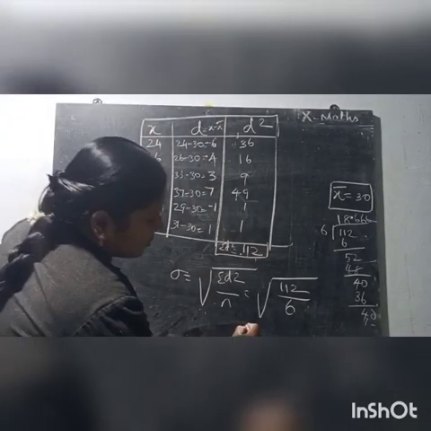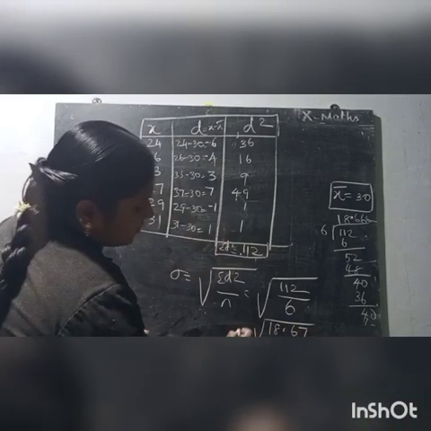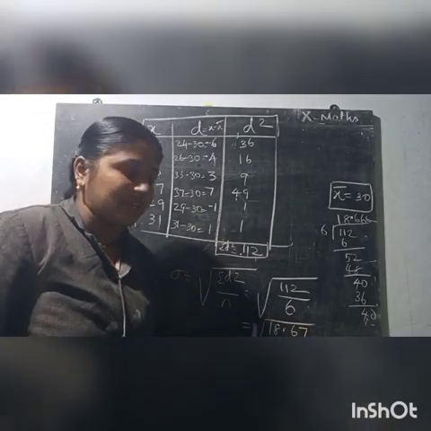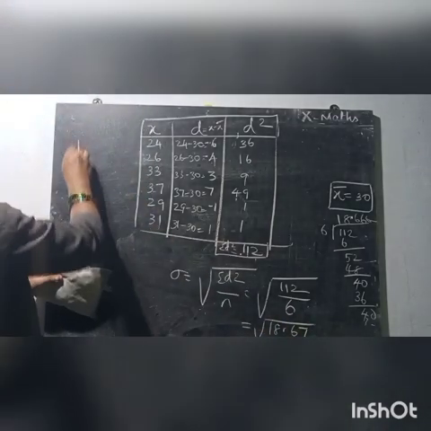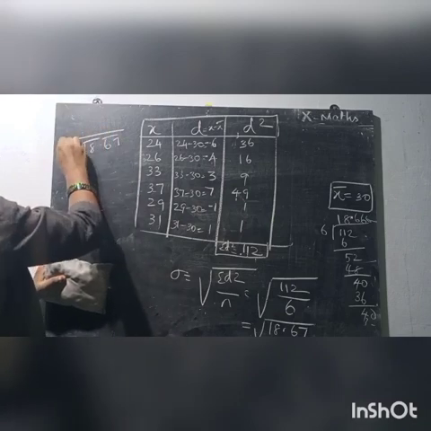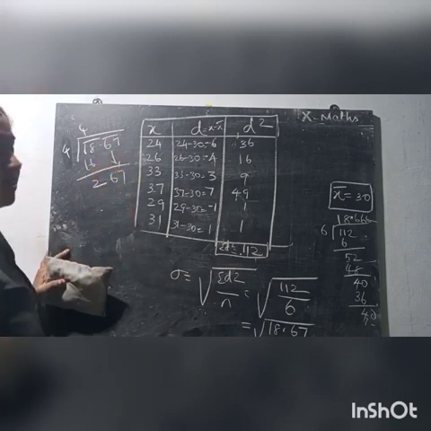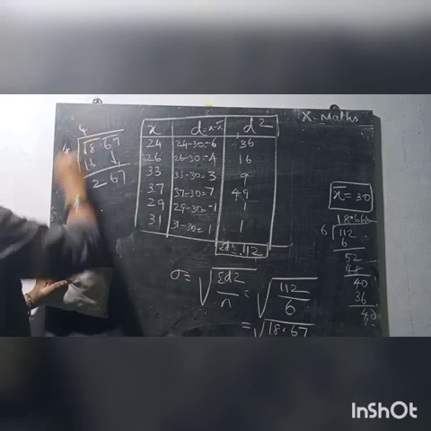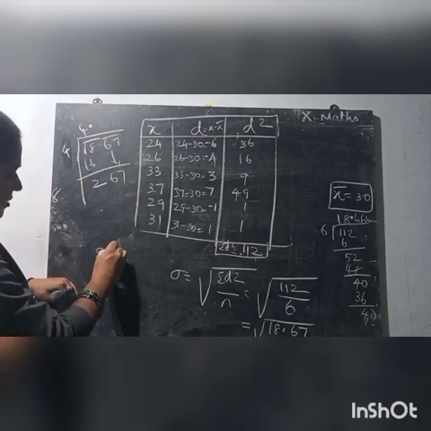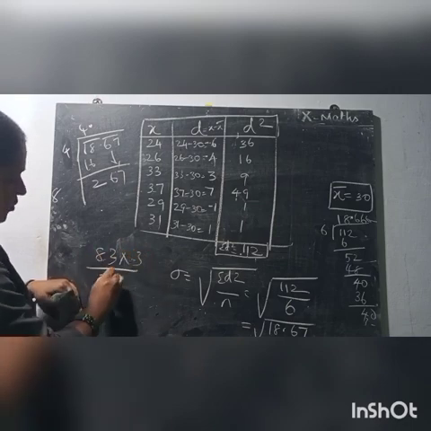So root of 18.67. Next we should find the square root of 18.67. 4 4s are 16. Balance 2. Bring down the next 2 numbers, 67. Now 4 2s are 8. Keep the decimal. We can give 3. 3 3s are 9. 8 3s are 24.